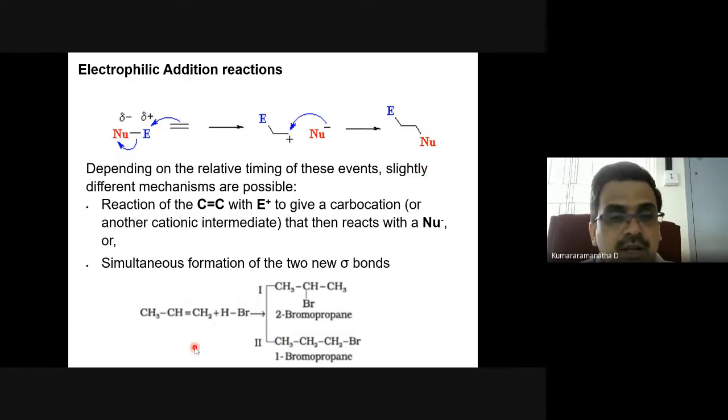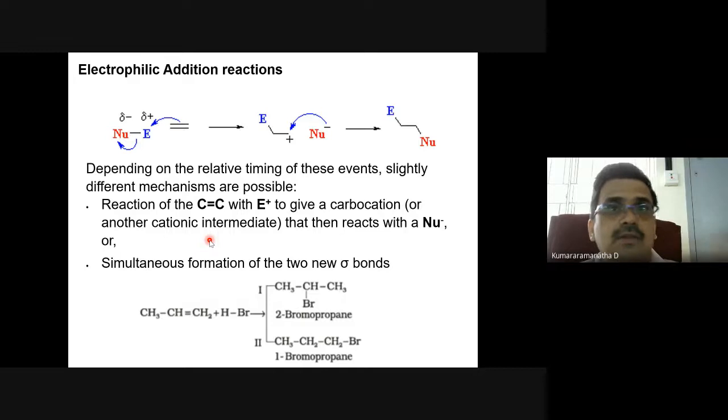For example, you can take propene. When you add hydrogen bromide, you get 2-bromopropane or 1-bromopropane, where you are basically saturating the double bond.